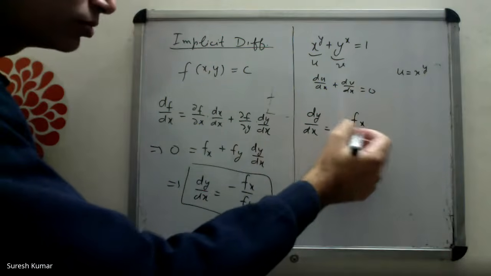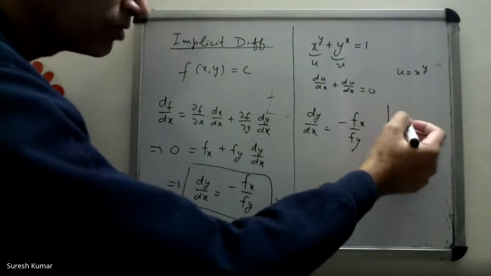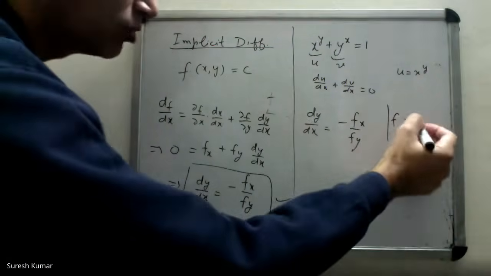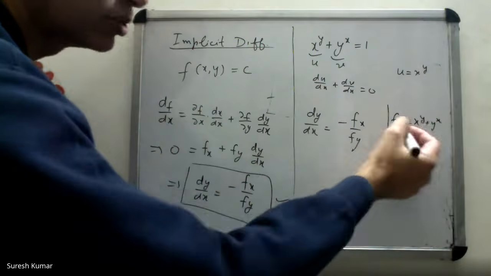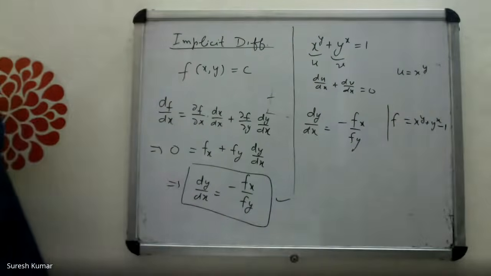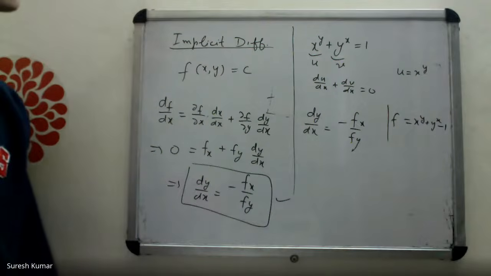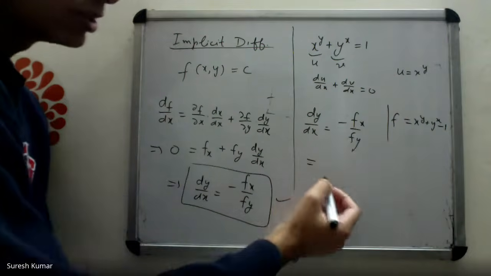See how. What is f in this problem? f(x,y) is x power y plus y power x. The 1 doesn't matter because you're going to differentiate. Or you can write it if you want to. This is your f. So use it here to get your answer.